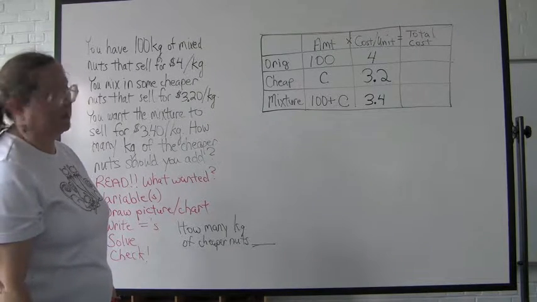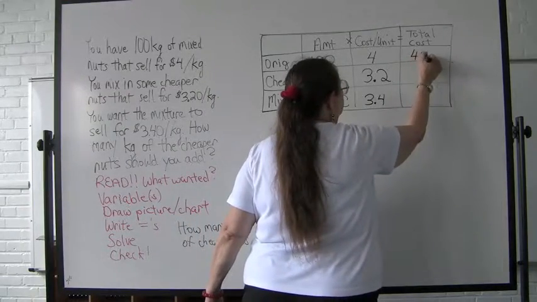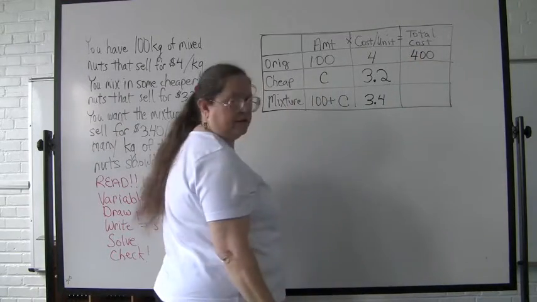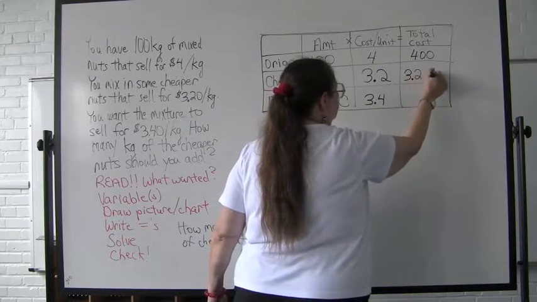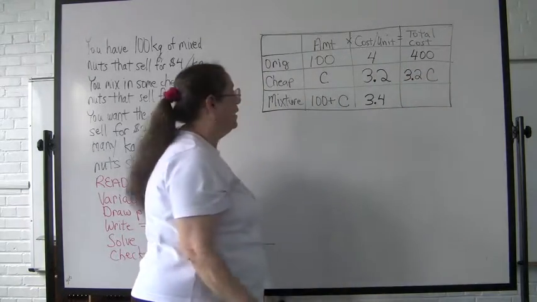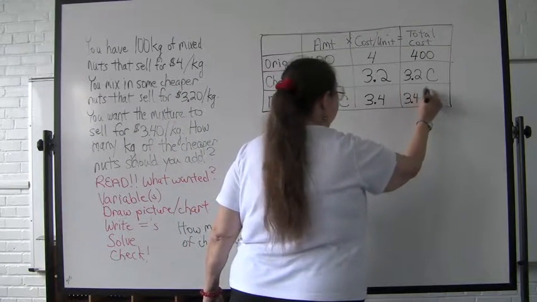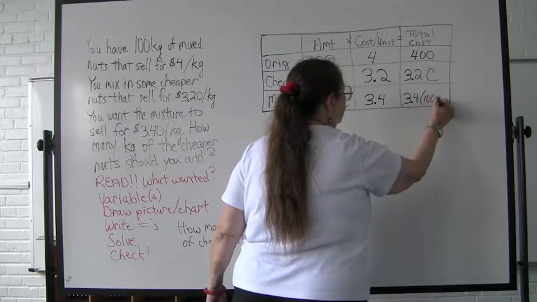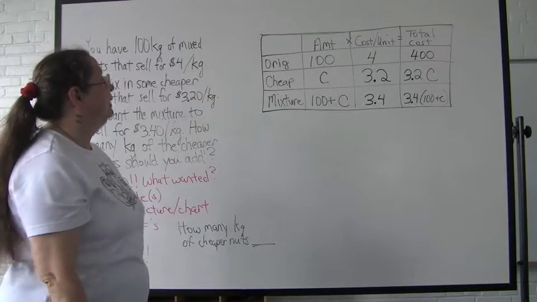So 100 times 4 gives us 400 here. And then C times 3.2, well, that's 3.2C. And then 3.4 times 100 plus C goes there. Okay?